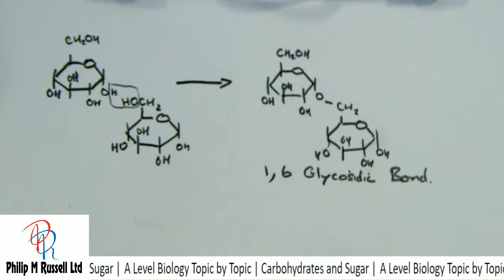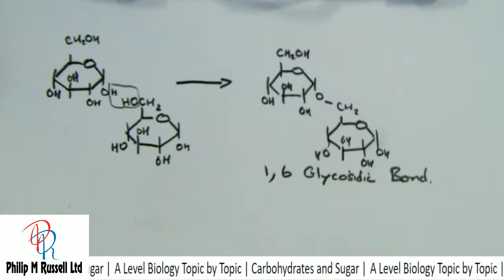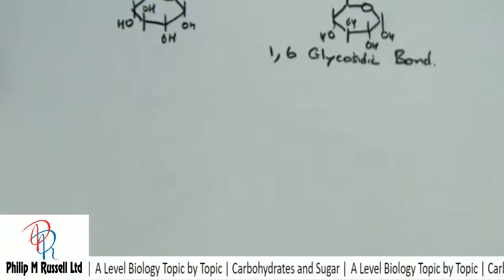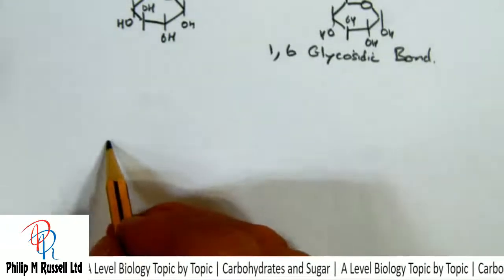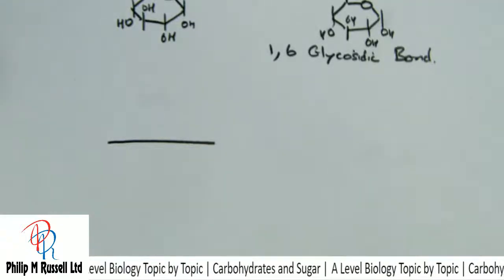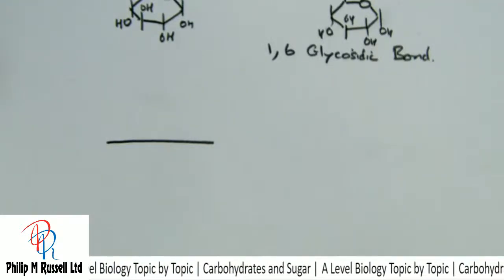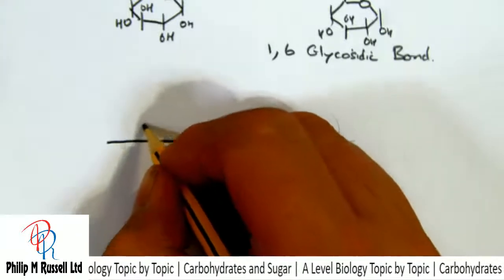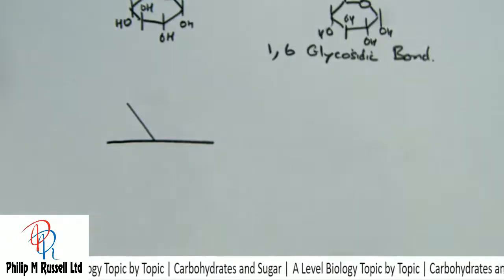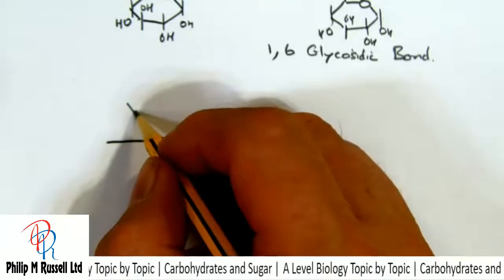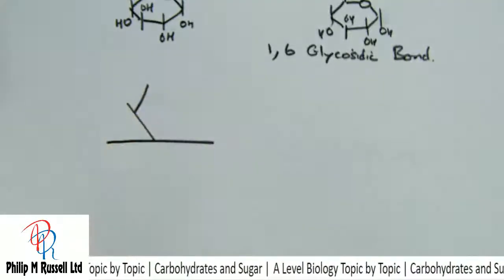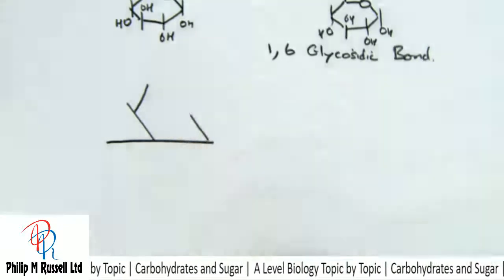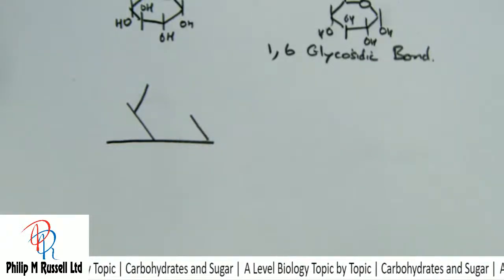Now let's see what that causes with problems. So if I've got an amylose chain and then somewhere in there I might have a 1,6 bond, and on there I could have another 1,6 bond, and somewhere along here I can have another 1,6 bond.